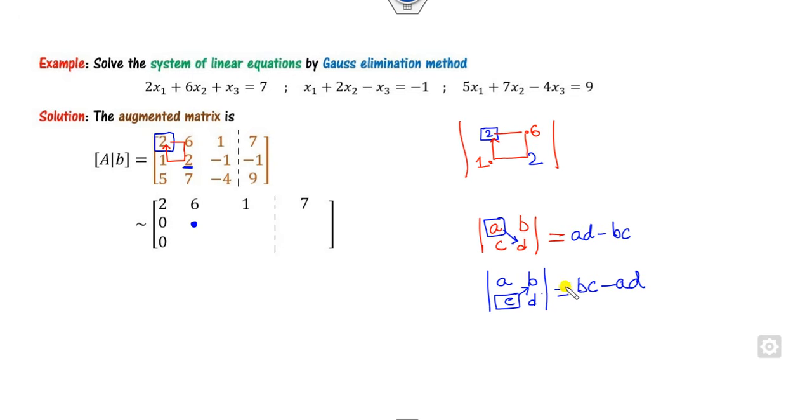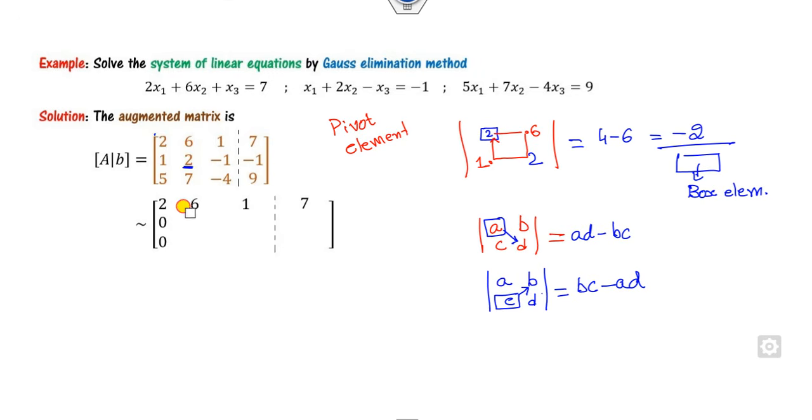That's the only concept behind it. So for this it is 4 minus 6, that is minus 2, then divided by your box element. This box element is known as the pivot element. Now based on this, you can complete all the entries within a fraction of a second.